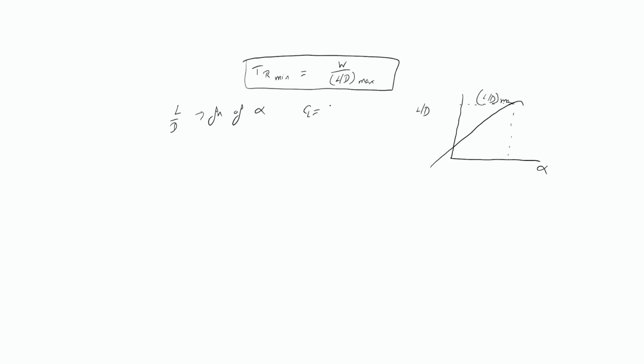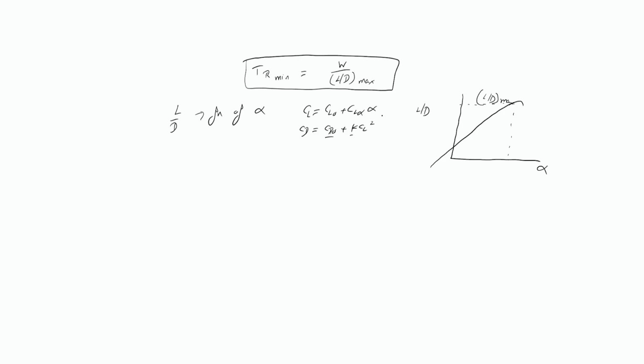Remember, CL was CL naught plus CL alpha into alpha. Then CD was CD naught plus K CL square. For a given aircraft, CD naught and K are constant, so CD is a function of CL, and CL in turn is a function of angle of attack alpha.